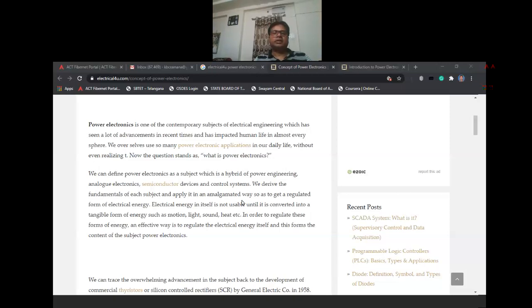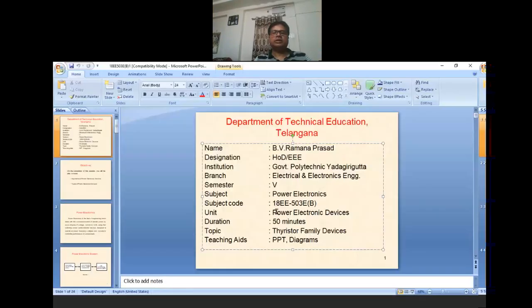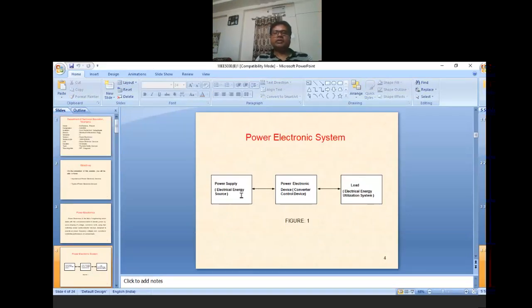Power electronic devices are used in between the power supply and the load, where these devices control the power supply in the fashion required by the load.